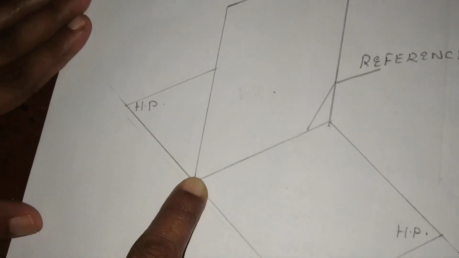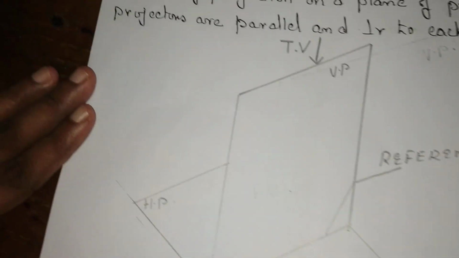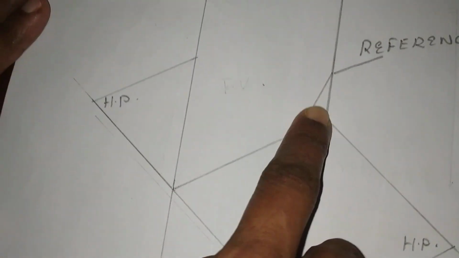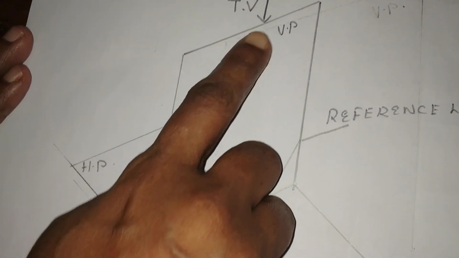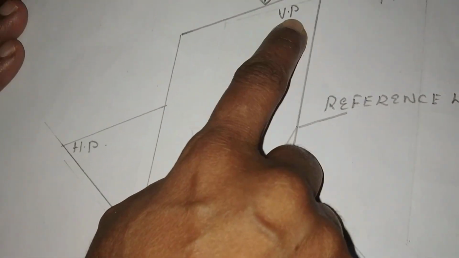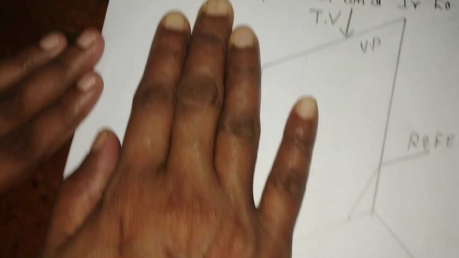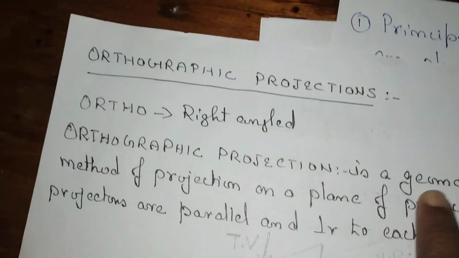The image of the object falls on the two mutually perpendicular planes. So here one plane is called VP and the other plane is called HP. So today's topic is about orthographic projection.